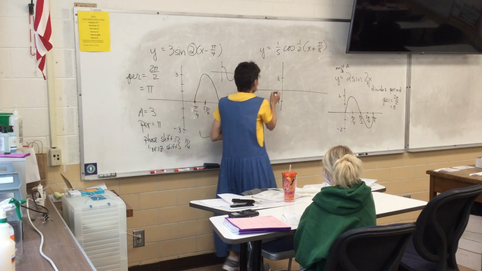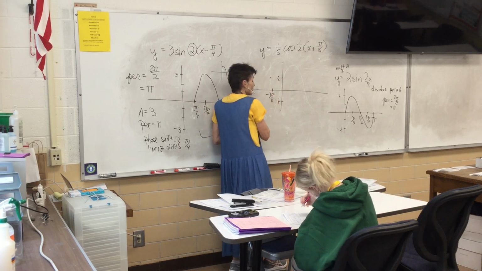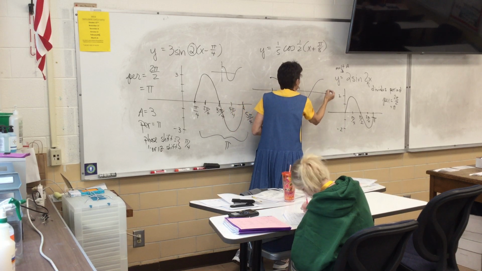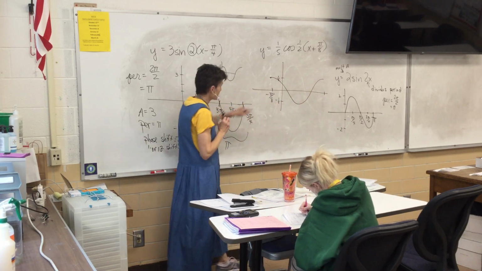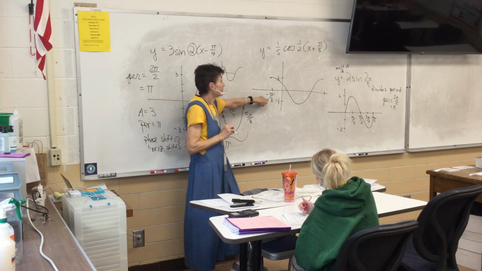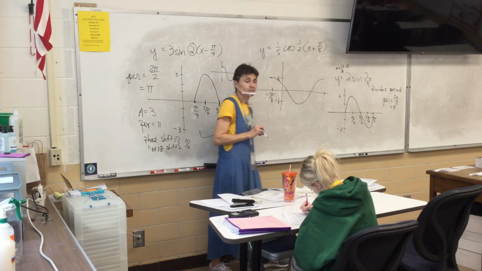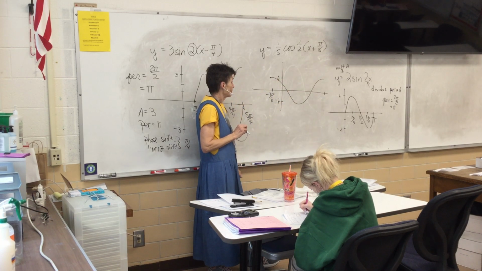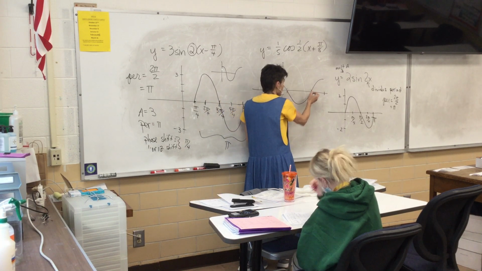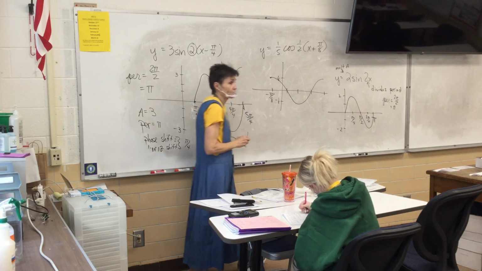This one's going to go left, pi over 8. So this is a cosine curve, and it's starting over here at -pi over 8. That's its phase shift, or its horizontal shift. Now you need to label where it crosses, its low point, and its high point. Got it.